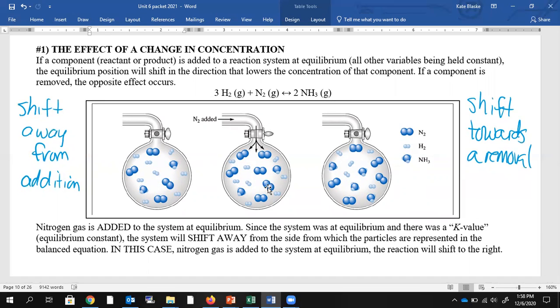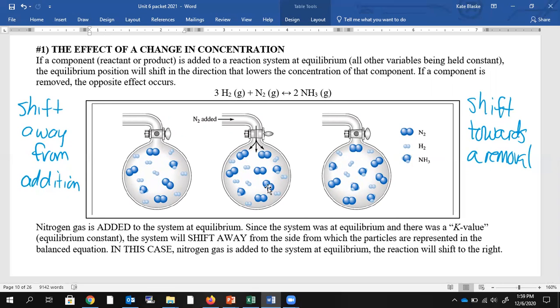After that addition, when I reestablish equilibrium, my K value is going to help me identify what ratio those products and reactants should be in when equilibrium is reestablished. A little bit later on in this unit, we'll talk about how to do the math when that happens. But for right now, we're just talking about which direction equilibrium is going to have to move in order to reestablish. So if I added in nitrogen in this case, I would shift towards my products to make more products.